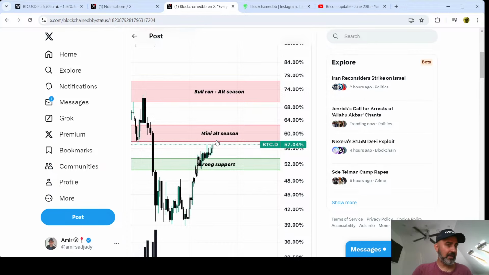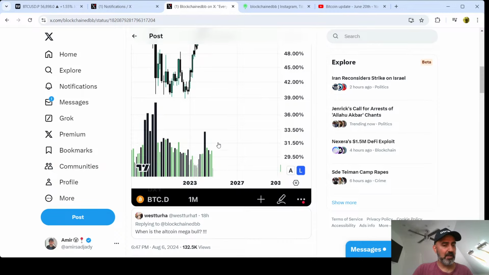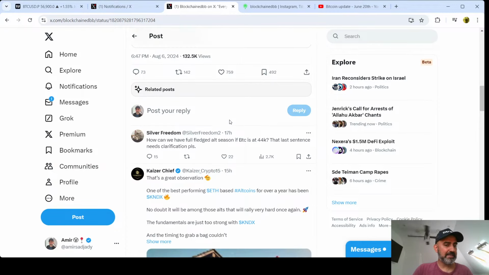But if the BTCD continues pushing through that resistance, we have a little consolidation, mini alt season, but actually it continues going up, then maybe she's right. Maybe you do get a mega alt season when BTCD is topping 74-75%. Okay, I can't question her logic because it does make sense.